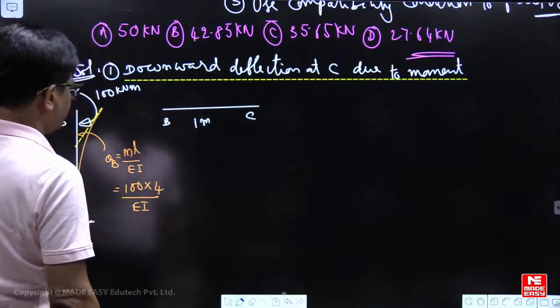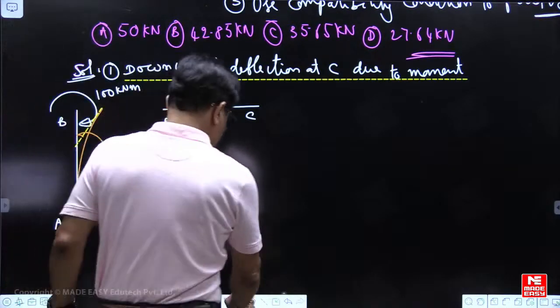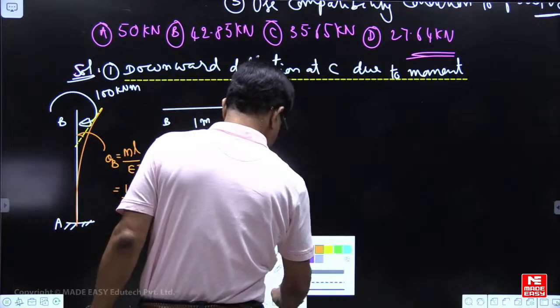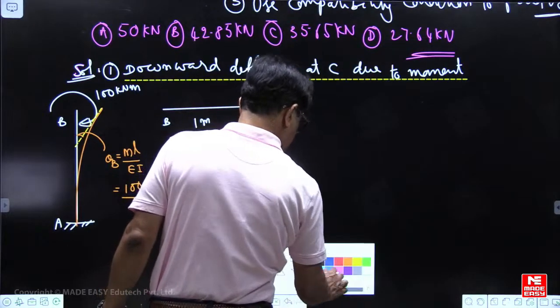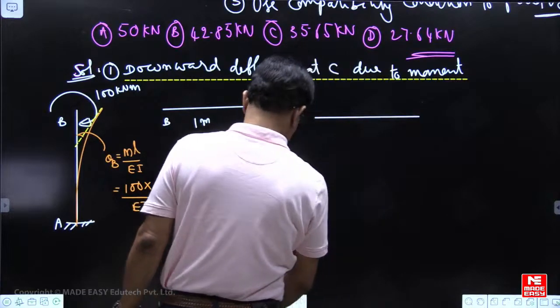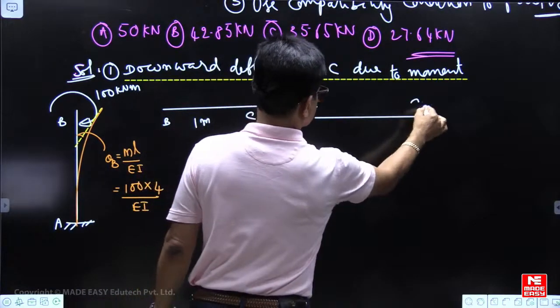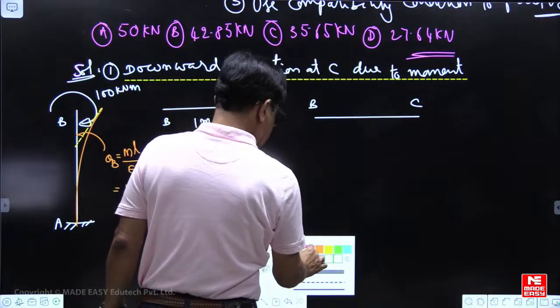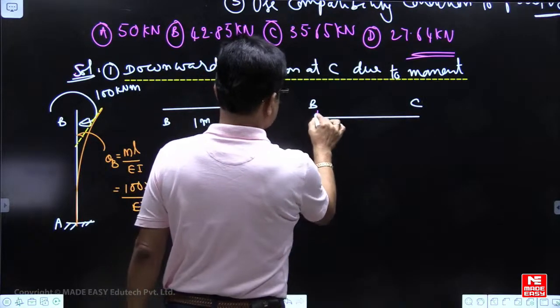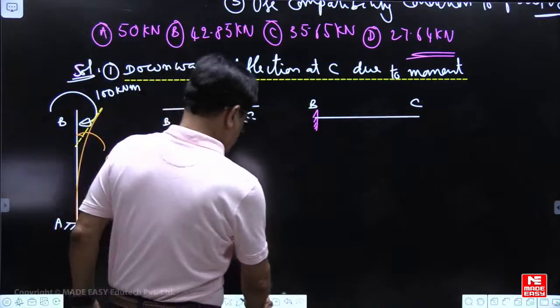ML by EI. Okay, now you fix this one. Symbolically you will fix it. Okay, so theta B into L.